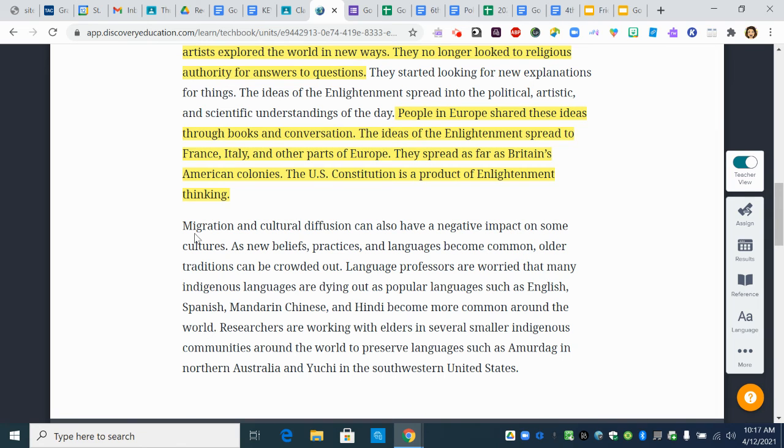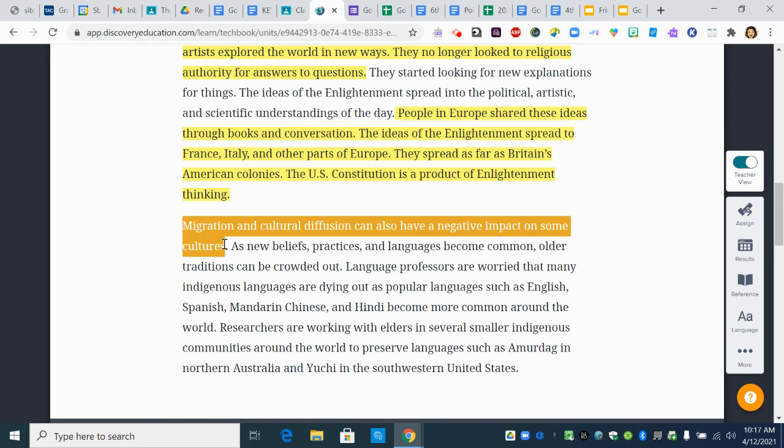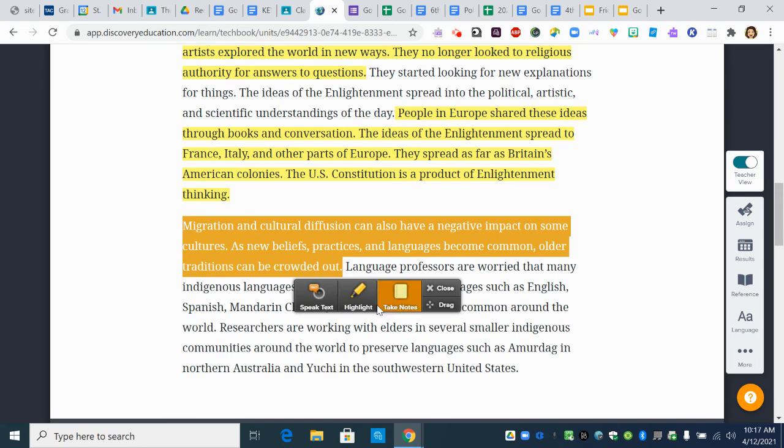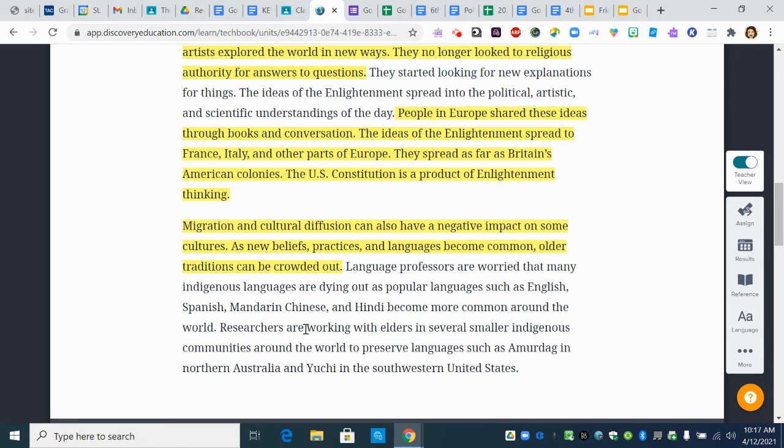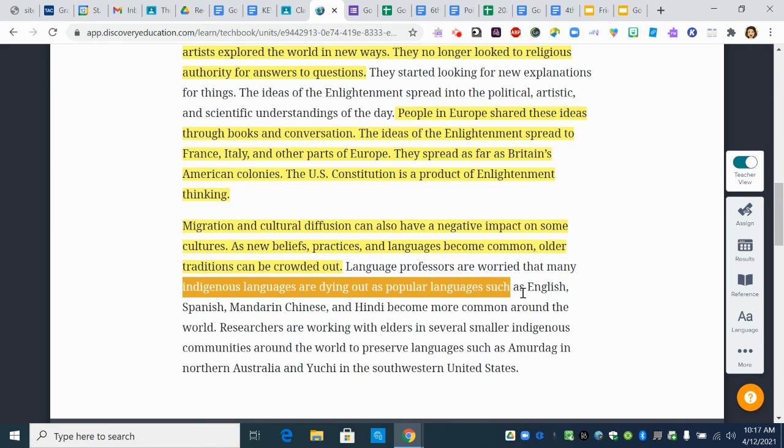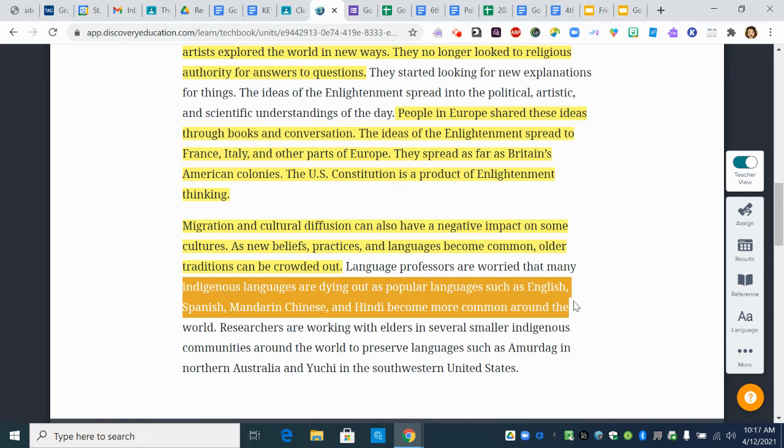Migration and cultural diffusion can also have a negative impact on some cultures. As new beliefs, practices, and language become common, older traditions can be crowded out. Language professors are worried that many indigenous languages are dying as popular languages such as English, Spanish, Mandarin Chinese, and Hindi become more common around the world.